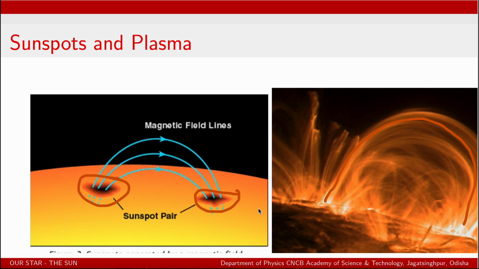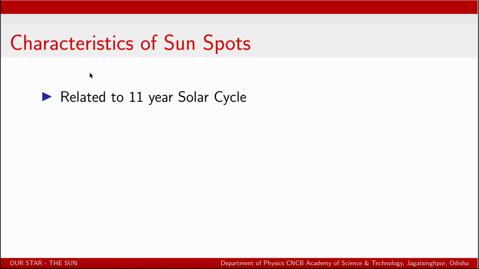So we go to the next slide. Now we discuss the characteristics of sunspots. Sunspots are not really some very local events. They're manifestations of something very big. They're related to an 11-year solar cycle.